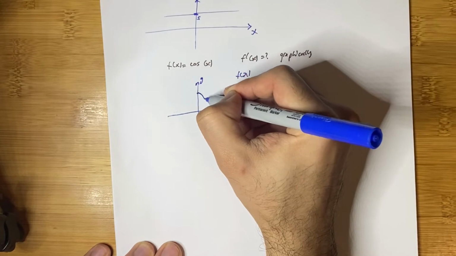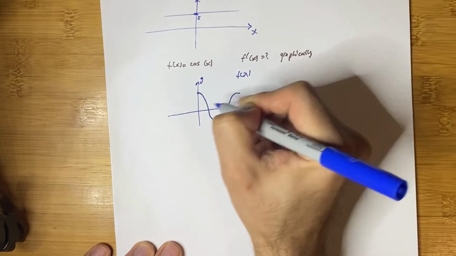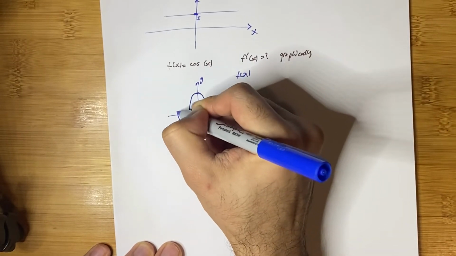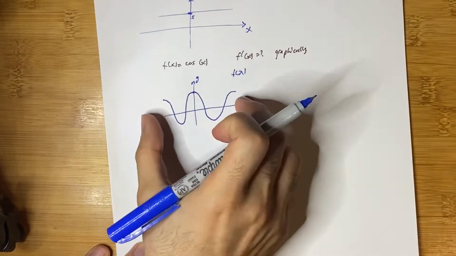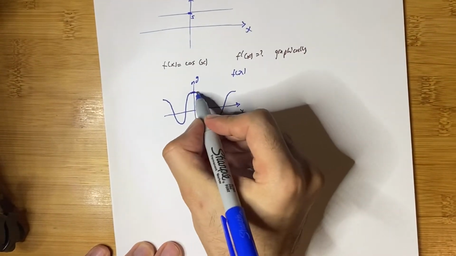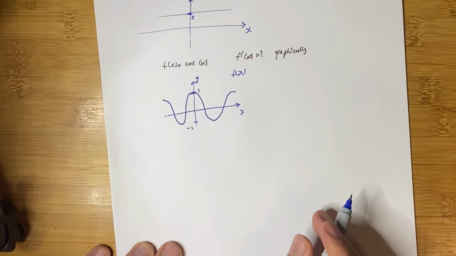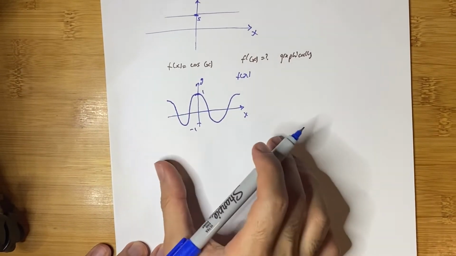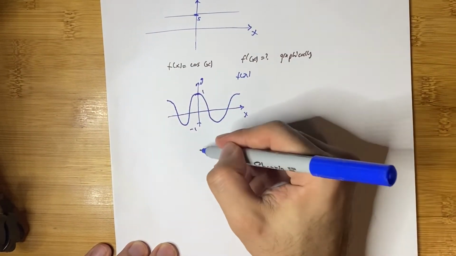Start from 1, so it's going to be something like this. Okay, and we'll be oscillating. This is 1, this is minus 1.